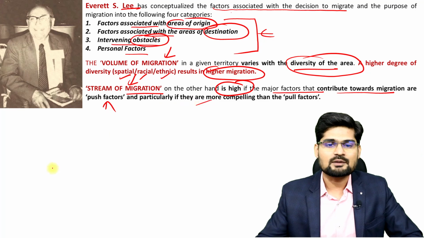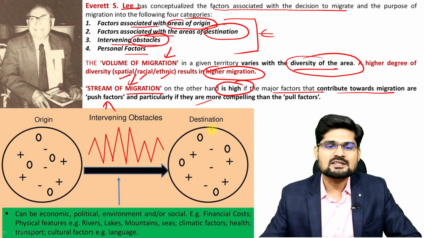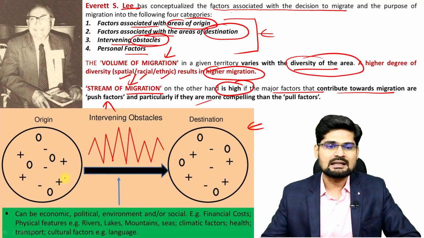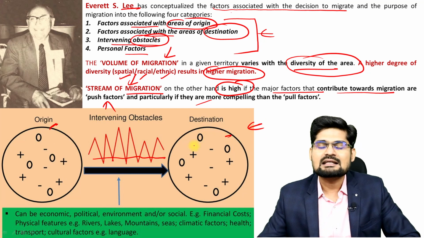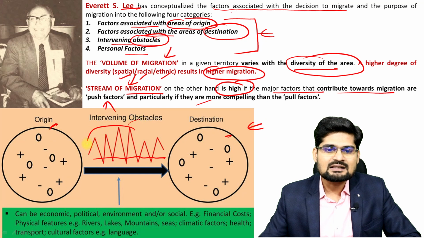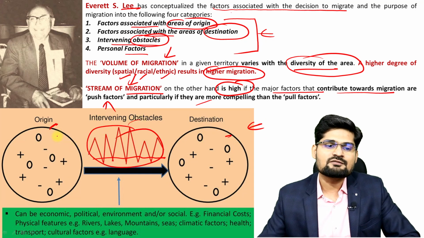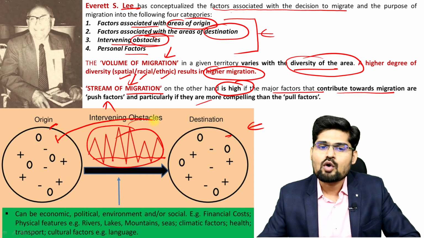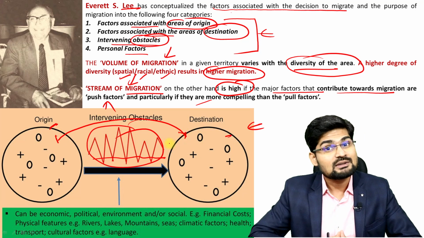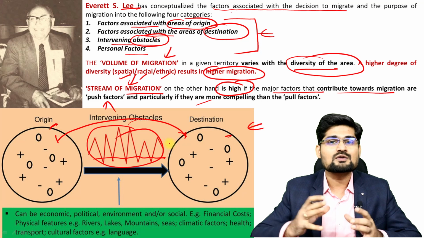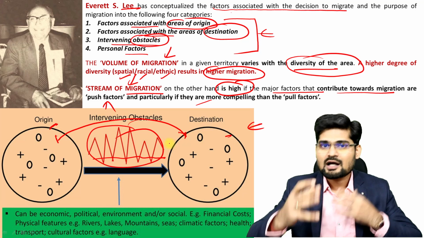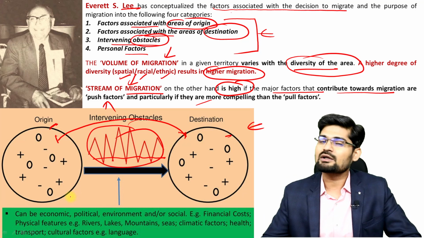So this was given. And further, if you observe, this was the diagrammatic explanation given by Lee, that this is the origin. In between, you have intervening obstacles, and then there is a destination. So these obstacles are something which a person from origin has to overcome in order to travel to the destination, right? For example, if I take a decision to move abroad or go somewhere else, I have to come across these obstacles. What kind of obstacles?